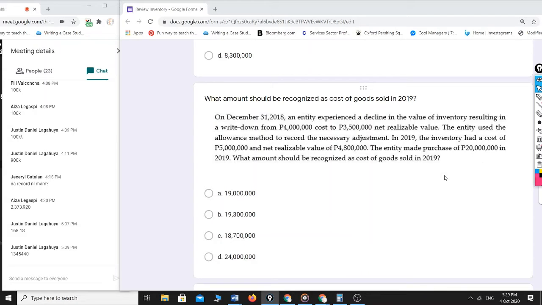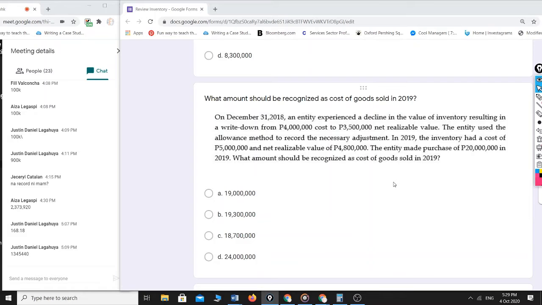Okay? So, imong i-debit kung direct method ha, you imagine the journal entries, the direct method, loss on inventory write down, dayon credit inventory account. That is for direct method. While for allowance method, wala na to gi-change ang inventory account because we have a contra asset nga account which is the allowances.